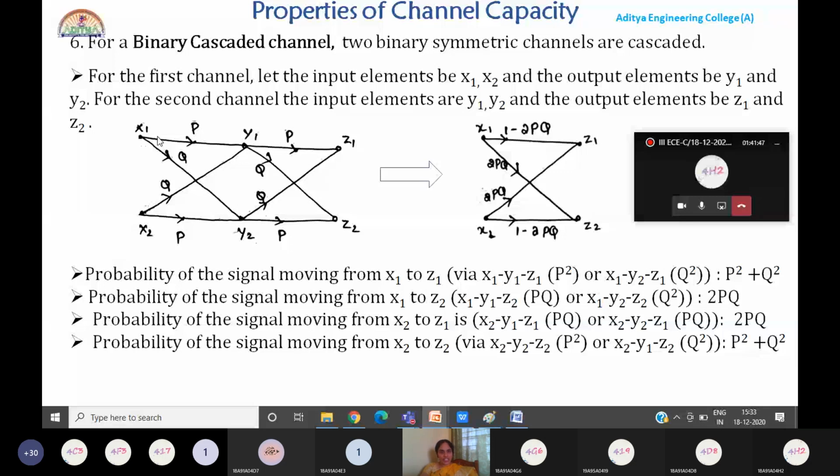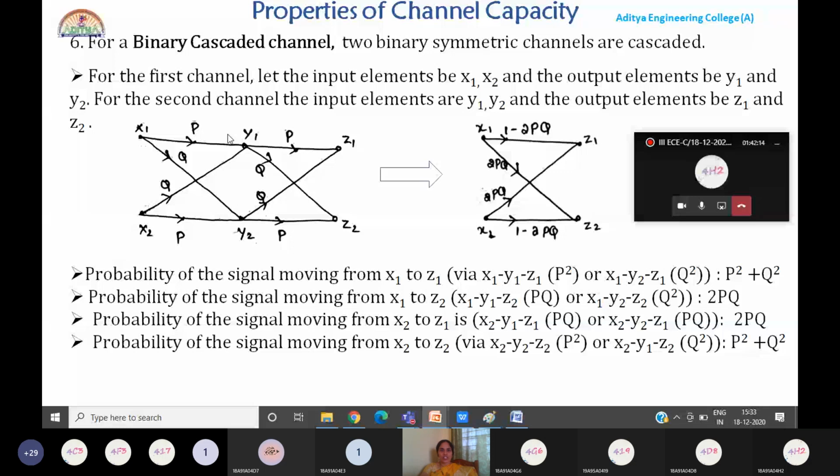Please see carefully: x1, y1, z1, and another path to move from x1 to z1 is x1, y2 and z1. Please see the same I represented in the first point, the probability of the signal moving from x1 to z1. So here two possible paths are there.